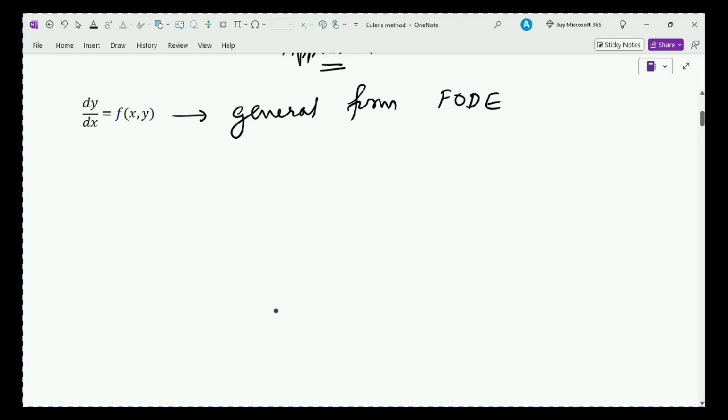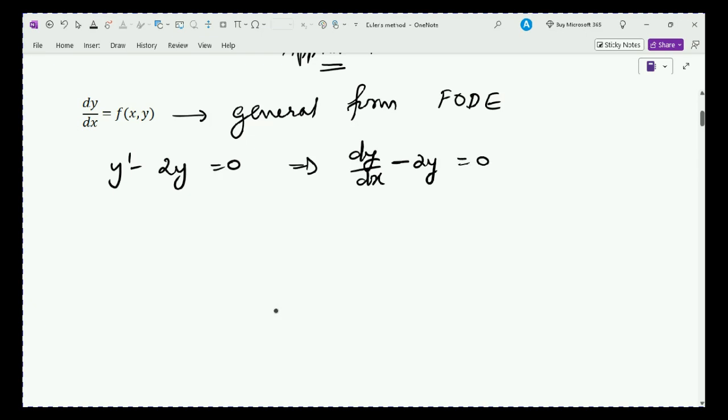For example, if we take an equation like y dash minus 2y equal to 0, this is a first order differential equation. Here y dash is dy by dx, so this is dy by dx minus 2y equal to 0.